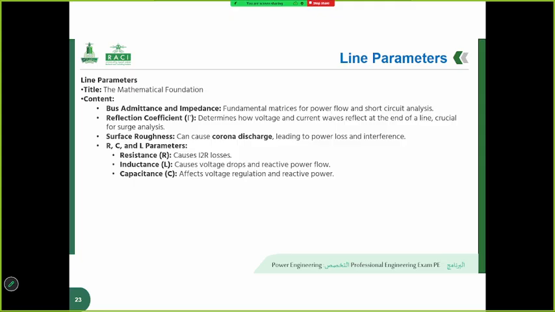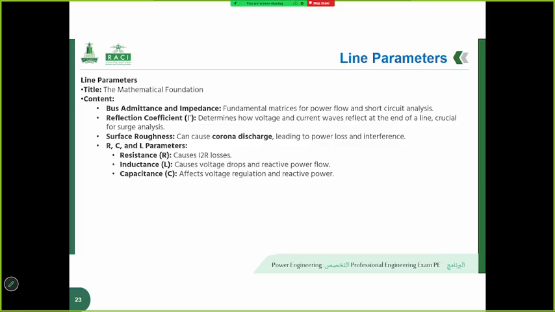A value of 0 means there is no reflection, a perfectly matched load, while a value of 1 indicates a complete reflection, an open or short circuit line. So this concept is crucial for understanding surge analysis, which involves studying high voltage transients from lightning strikes or switching operations, and designing protection systems to prevent equipment damage.